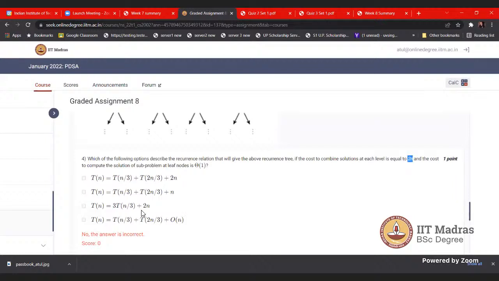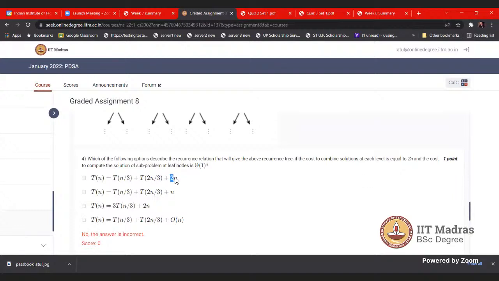Okay, so in a recurrence relation, we can directly represent the exact number of operations, or we can also represent the complexity of that part. This 2n represents the number of operations given in the problem statement. After dividing the problem into subproblems, there is one part which combines the solutions at each level, and it takes 2n operations.